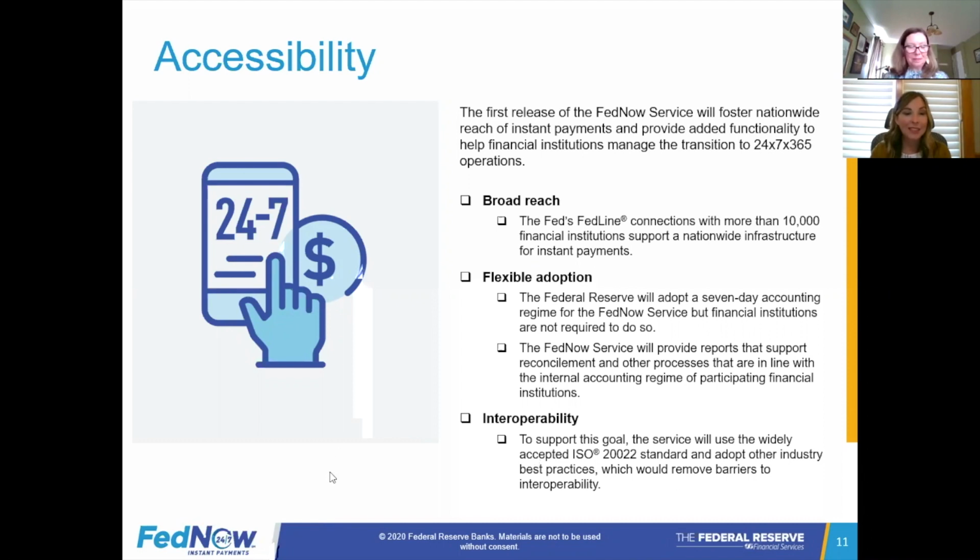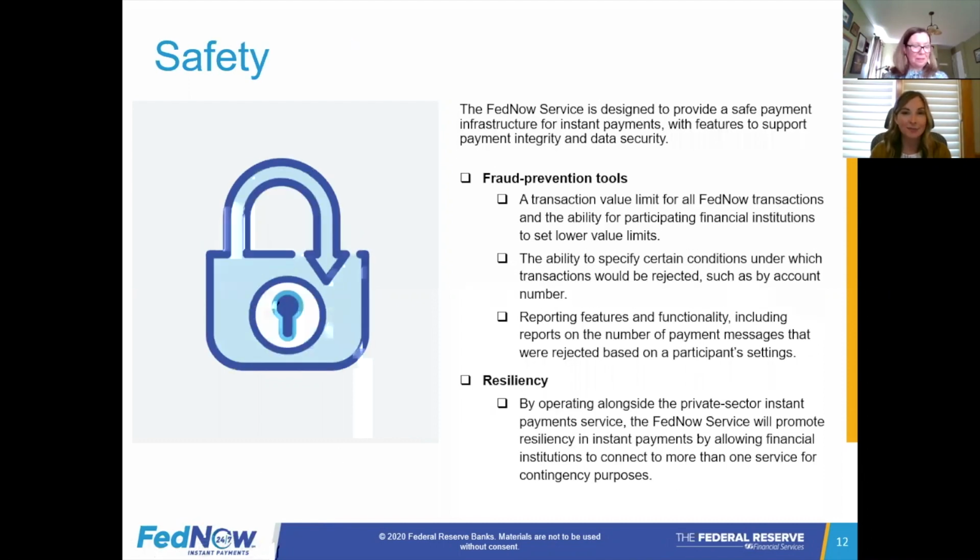Okay, we'll jump next and talk a bit more about safety. The FedNow service is designed to provide a safe payment infrastructure for instant payments with features to support payment integrity and data security. We heard from the industry about the importance of tools to combat fraud, and those tools will be offered at the launch of the FedNow service and augmented and enhanced over time.